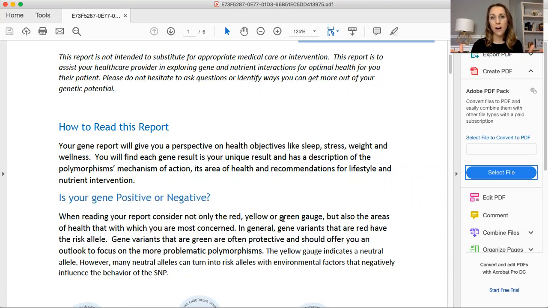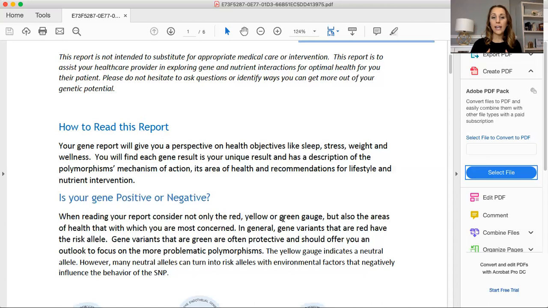Most of our top providers using gene SNP DNA analysis do not give those lab reports to the patient. They just use that lab report to create their report of findings and find out the various genotypes for the patient. This report gives you a really great perspective on which area of health you're going to prioritize in your lifestyle counseling with your patient.